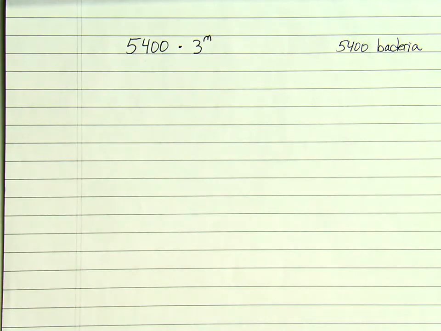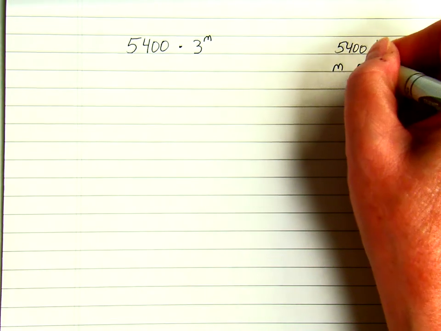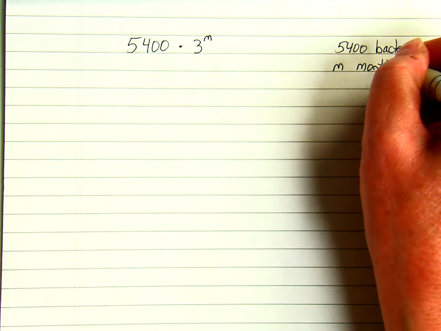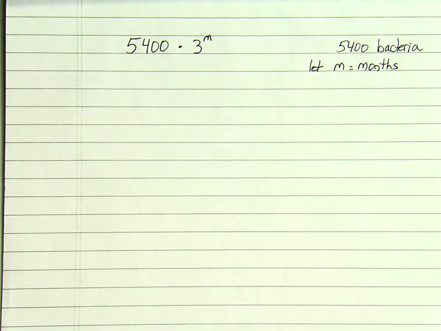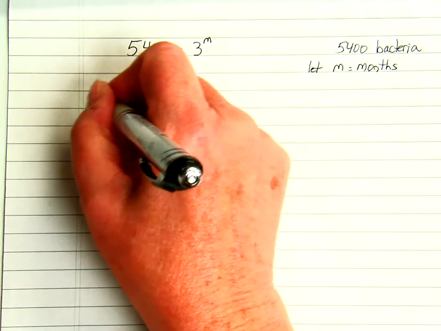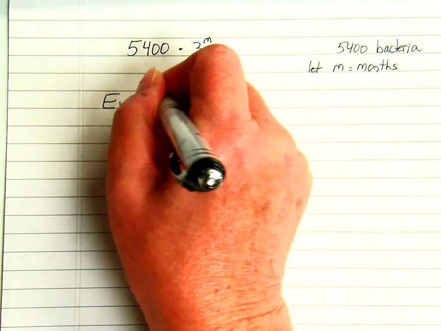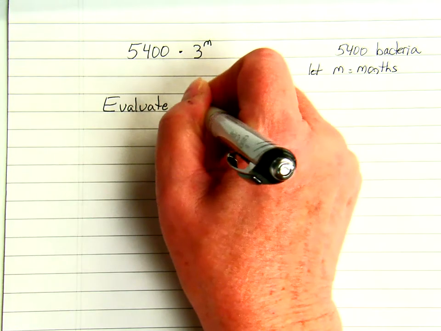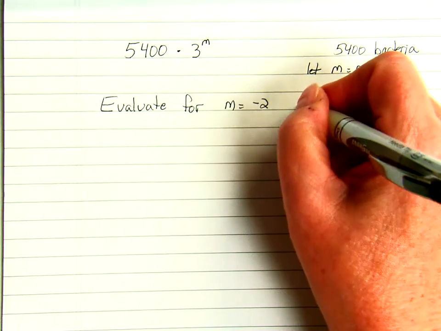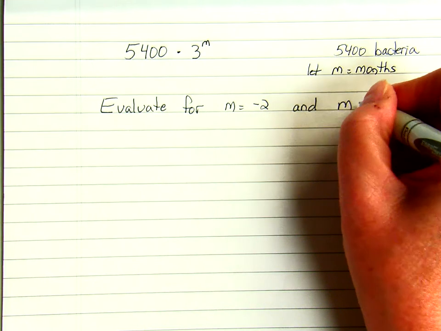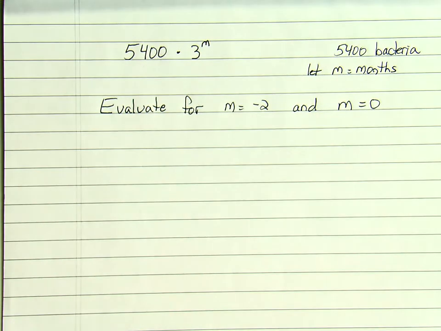And after m months of growth, we are letting m equal our months of growth. Evaluate the expression for m equals negative 2 and for m equals 0. And then we will describe what each value of the expression represents afterwards.